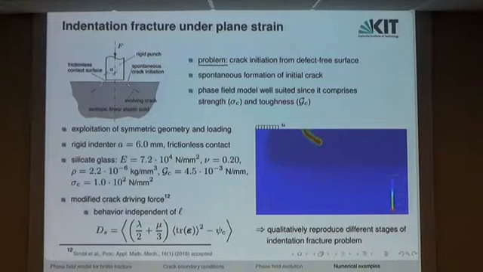By using this crack driving energy term, including this energetic threshold value, the simulation can qualitatively reproduce the different stages of the indentation fracture problem, which means that at the beginning no crack occurs. By exceeding a critical load, an initial crack of a finite length starts some distance outside of the indenter, almost perpendicular to the free surface, and with further loading the crack evolves at an almost constant angle.